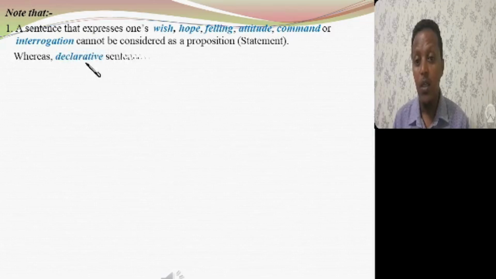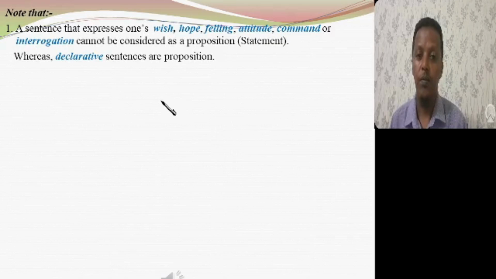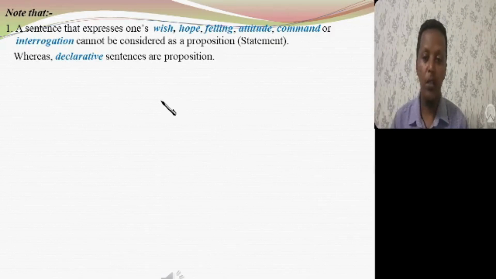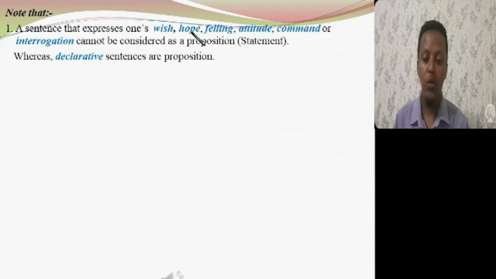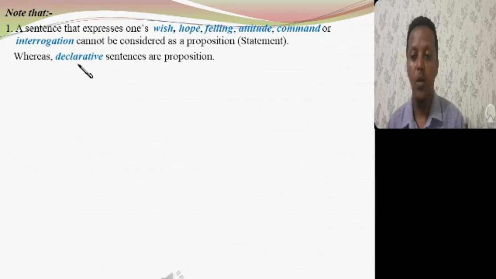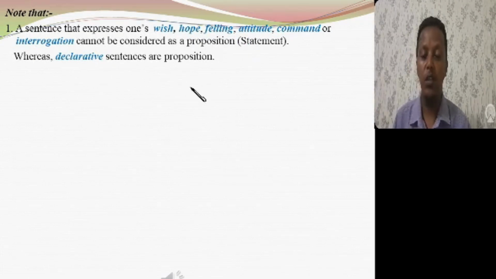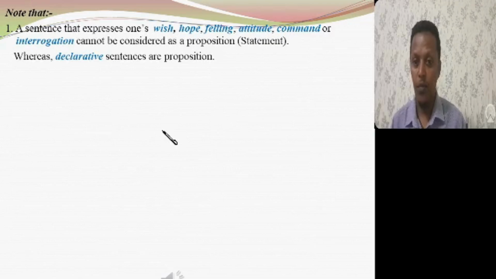But a declarative sentence is a proposition because if someone declares, you have a possibility to say the sentence is either true or false. So in general, declarative sentences are propositions. This is one key point you need to remember.